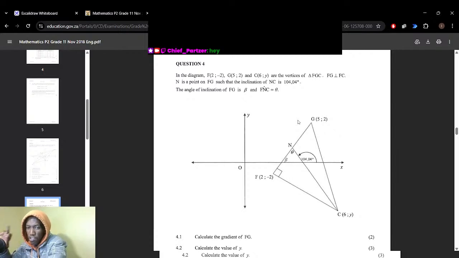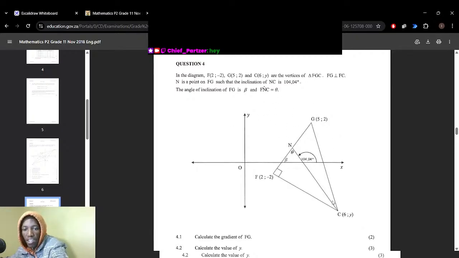I don't really know straightforwardly how to answer it, but let's analyze what we know. We have calculated the gradient of FG, and we can calculate the gradient of NC using the other formula, where gradient is equal to tan theta.